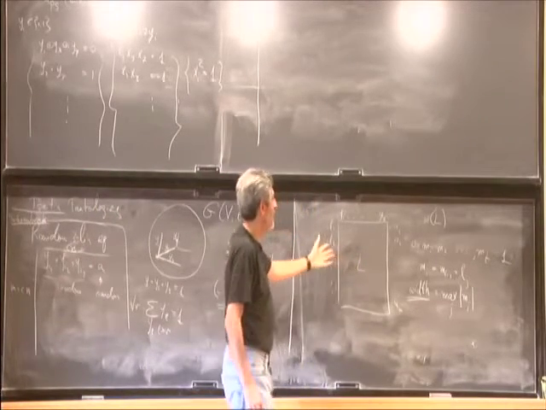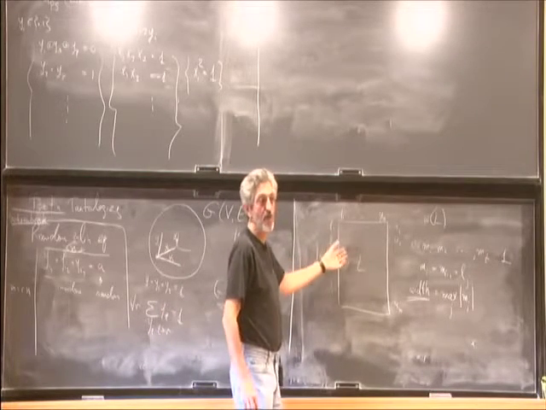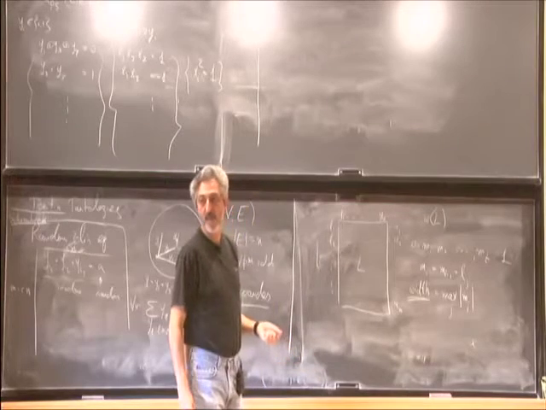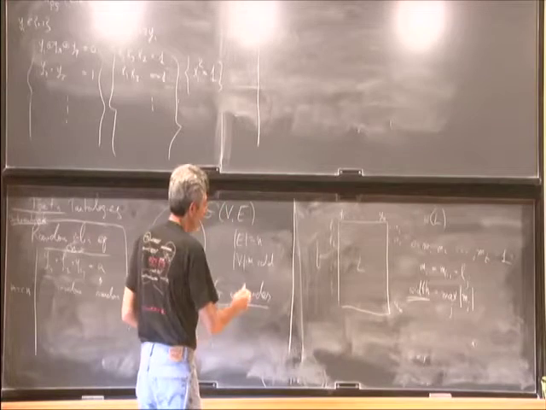So what makes width large? How can you certify easily that the width is large? I claim the following, and I'm not going to prove it.